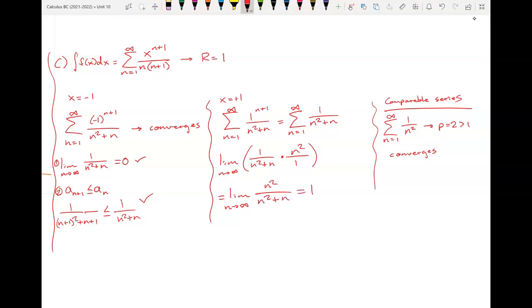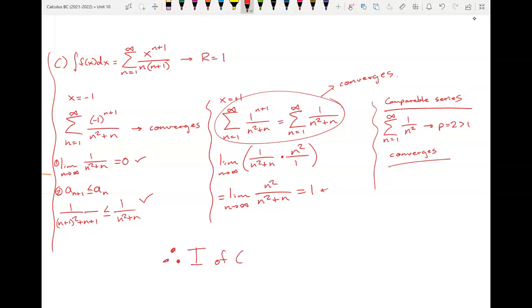Now remember, the limit comparison test says that if this limit is finite and positive, which this definitely is, then either both series converge or both diverge. And since my p series that I had over here converges, then I'm able to say that this series converges.